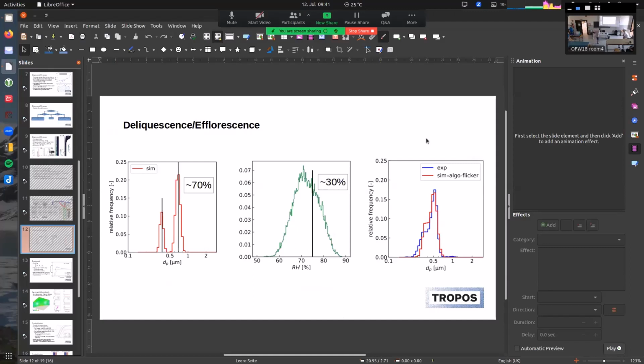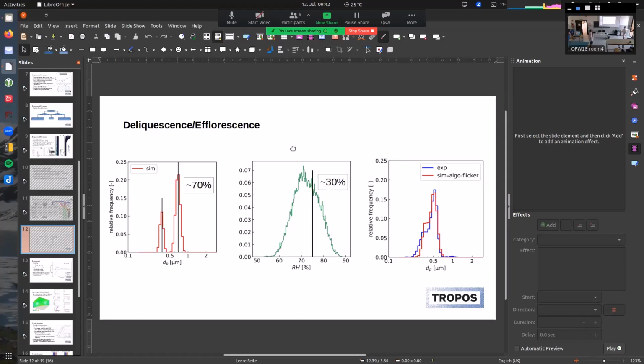Maybe another one. Can you make a comment on the influence of turbulence on the particle growth? Yes, it really depends on the experimental settings. For example, if we have really high differences in temperature and relative humidity, we see strong influences. Like this, we see here on the same slide. At the position where we measured, we only have 30% of the values the particles have seen where relative humidity is above the deliquescence humidity.